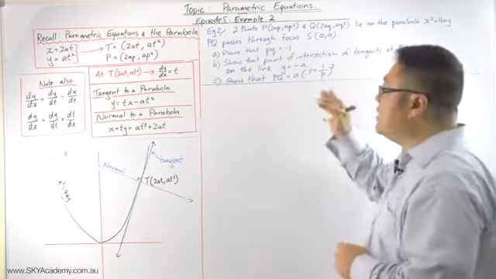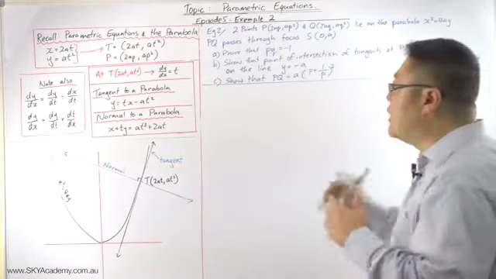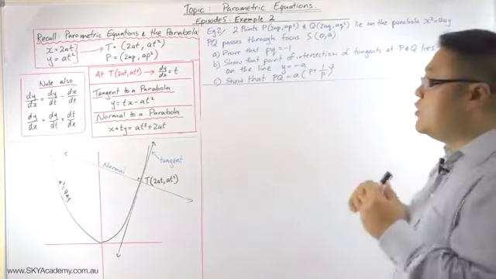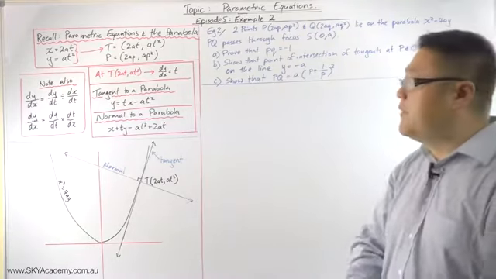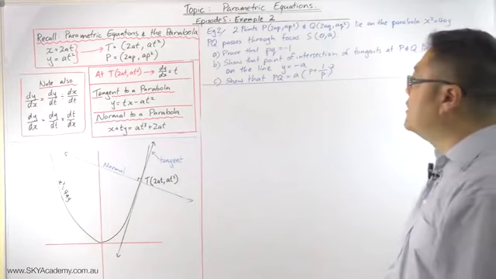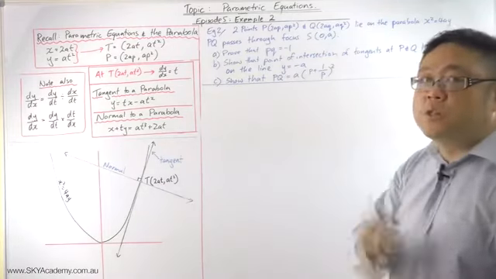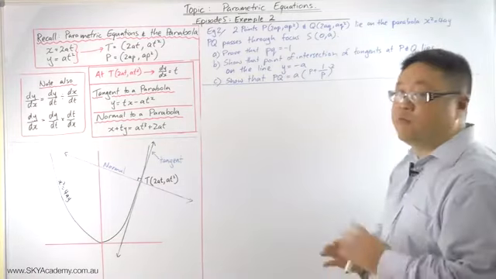And here is yet another example of a question where we are using our knowledge of parametric equations combined with all the foundational knowledge of everything else. So let's just launch straight into it and read the question.